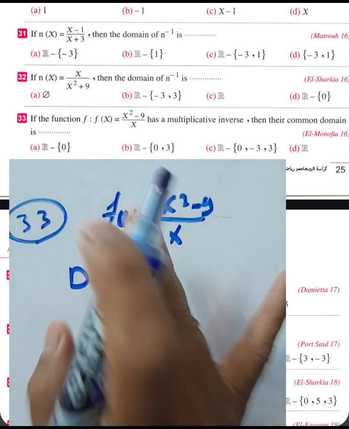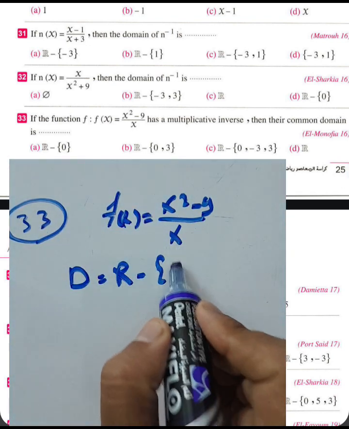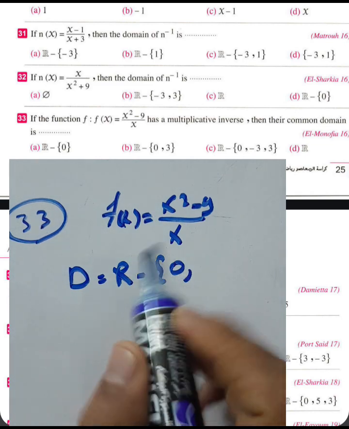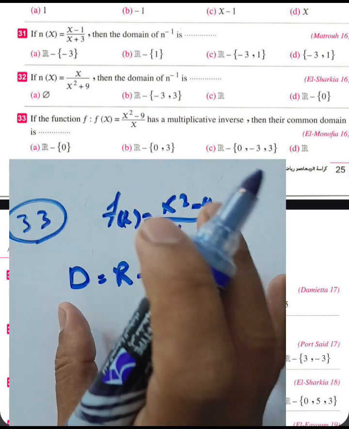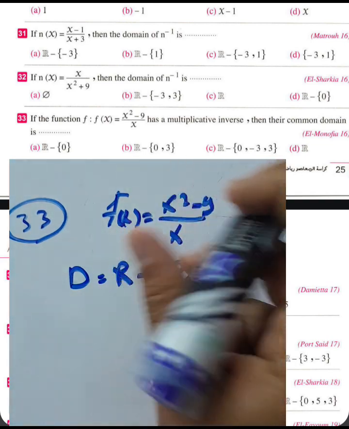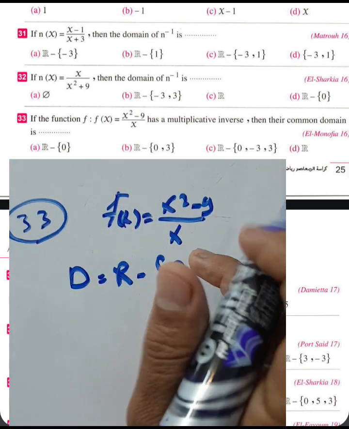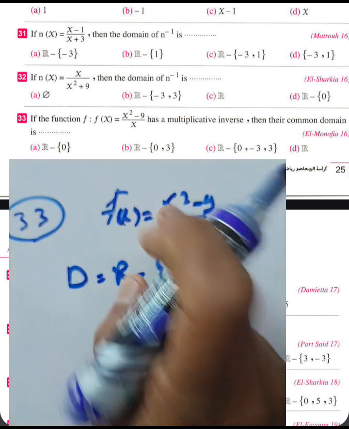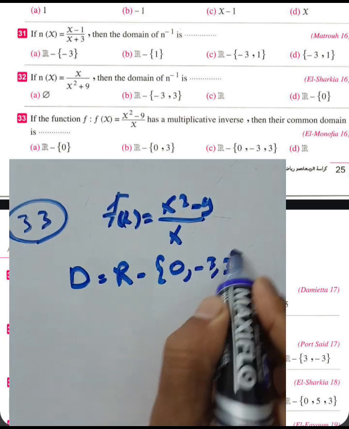The domain of this function will be R subtract the zeros in the denominator, and the domain of the inverse of this function, x over x power 2 minus 9, you can write the reciprocal. Then the zeros will be negative 3 and 3. Okay, negative 3 and 3.